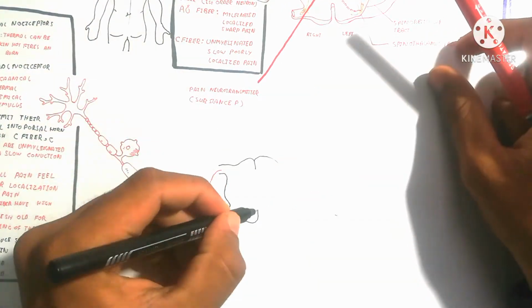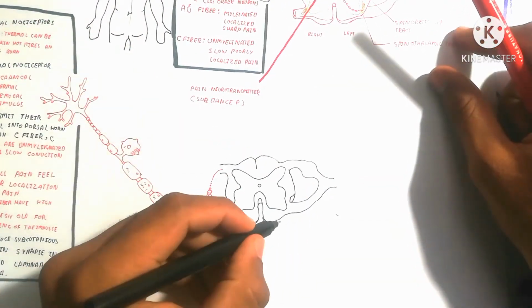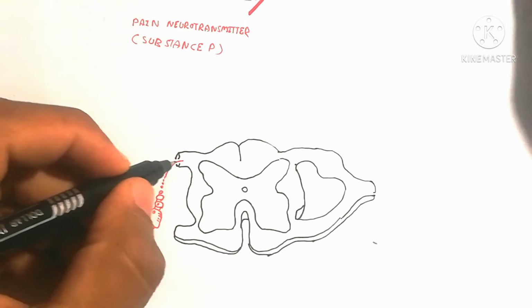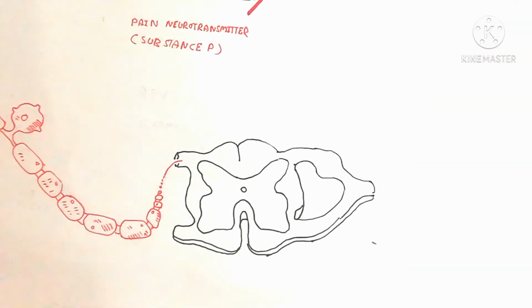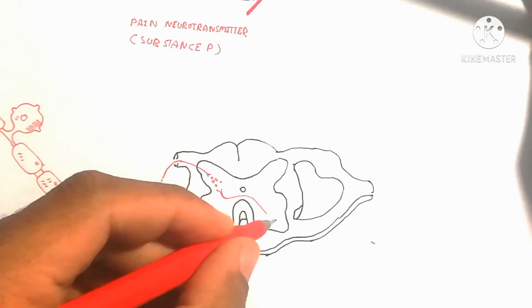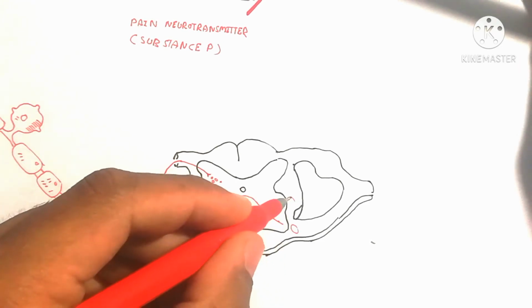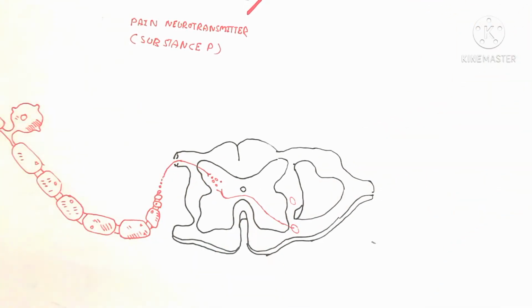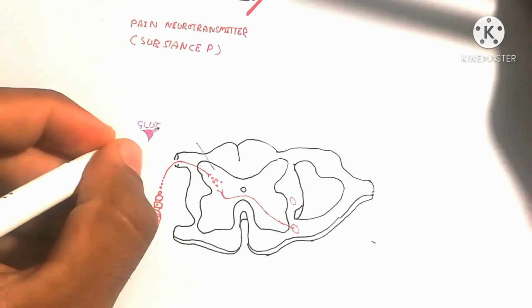Here the substance is produced and synapses in Rexed laminae 1 and 2 basically. There is another thing we should not concentrate on, just our view about the pain pathway.